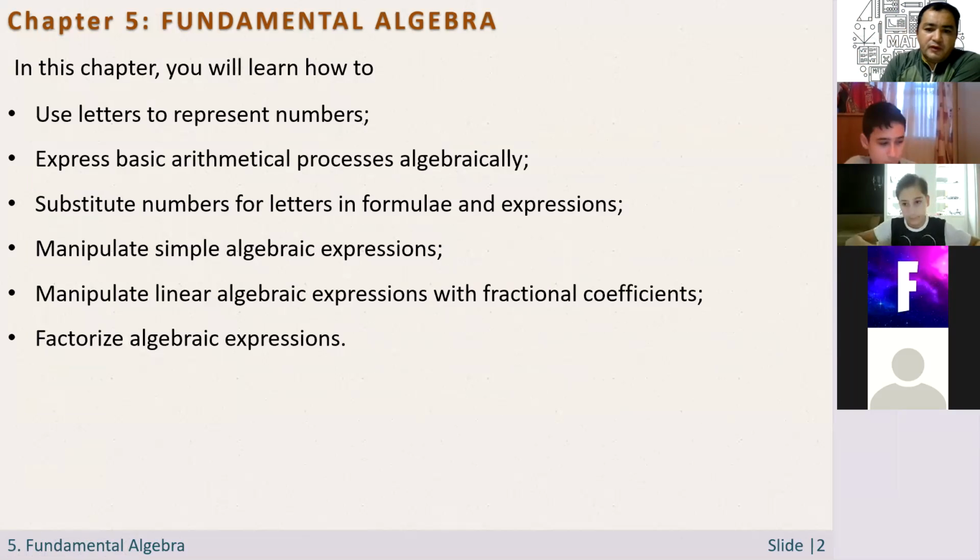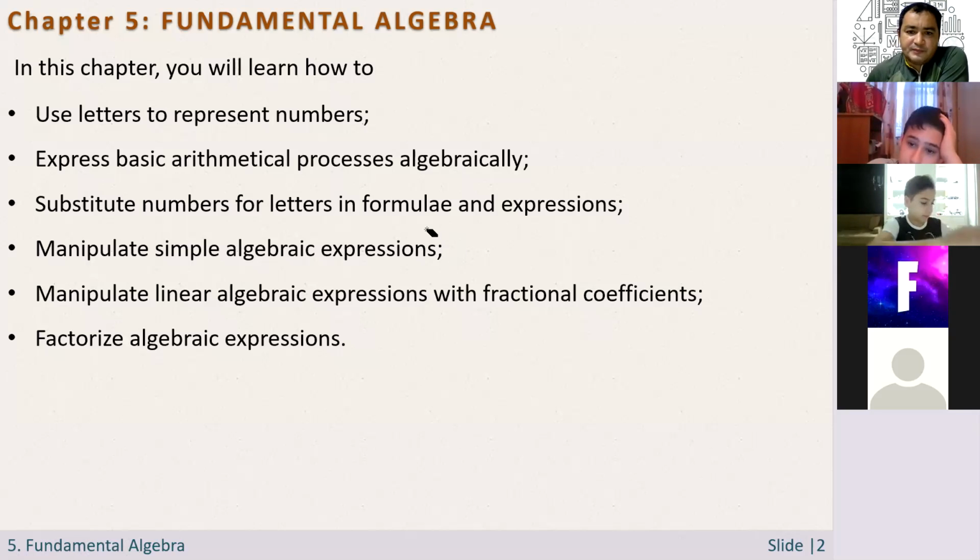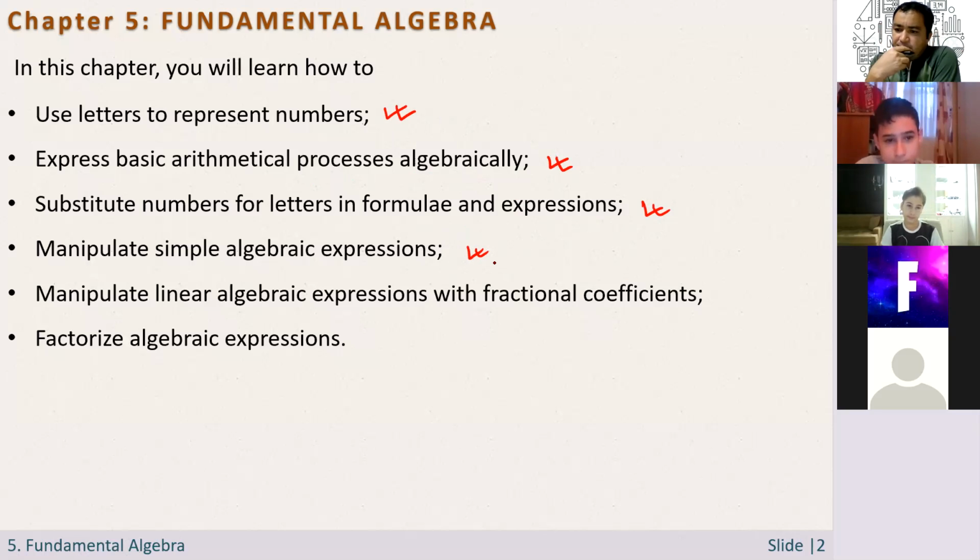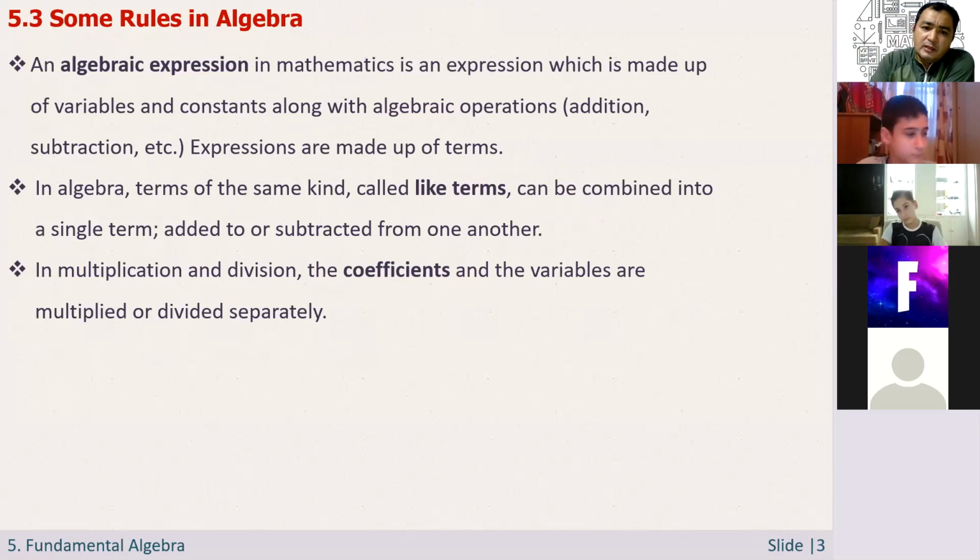So now we will learn these things. The first one, use letters to represent numbers. Second, express basic arithmetical processes algebraically, that is the sum of, the product of. Substitute numbers for letters in formulas and expressions. Now we will learn to manipulate simple algebraic expressions. Manipulate means simplifying or adding something or subtracting something.